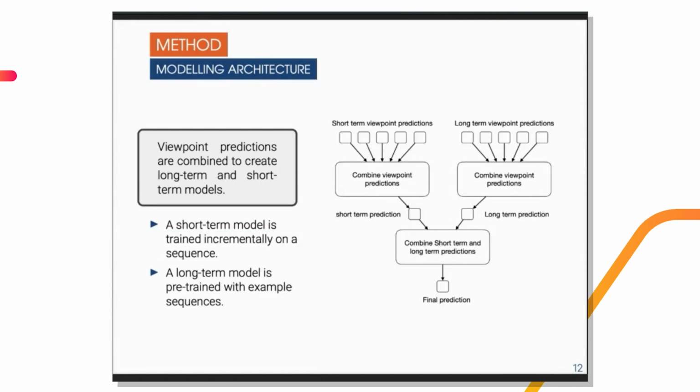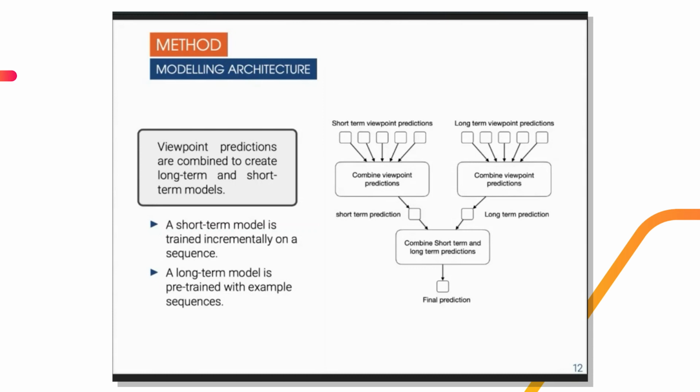So it generates predictions for next elements in a sequence incrementally by stepping through a sequence and then updating the engram counts according to the data that it has seen in the sequence. By contrast to this, a long-term model is trained just with a whole bunch of example sequences, and you count all the engrams in them and tally them up.